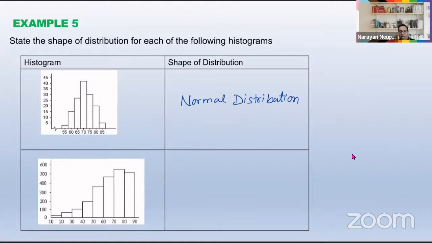What can you say about the shape of the second distribution there? Left skewed. Very good. Any doubt on those two? No? Okay, that's the easy one.